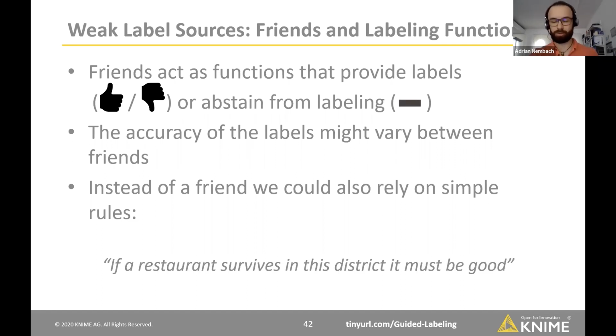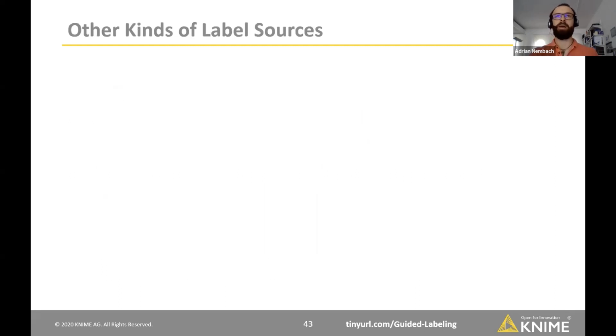One such rule could be, if we have a restaurant in a certain district of town that is very competitive, then the restaurant must be very good if it survives there for a long time. I mean, obviously this is not always true, but we just need something that is better than random guessing. And you could think of a lot of different label sources or labeling functions like this.